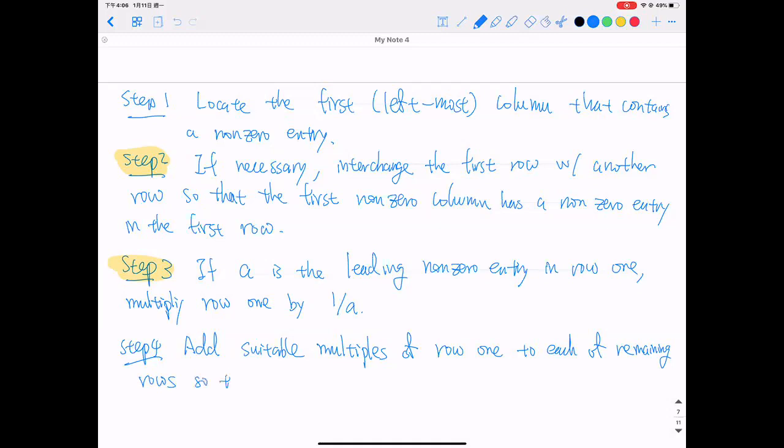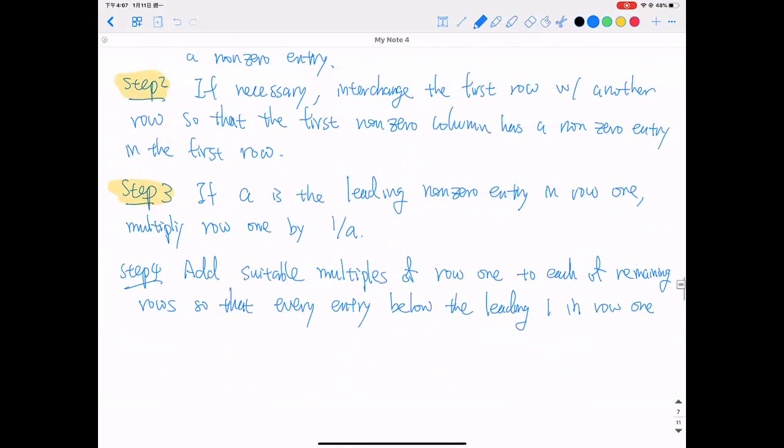All right. Again, this uses one of the elementary row operations that we've talked about.